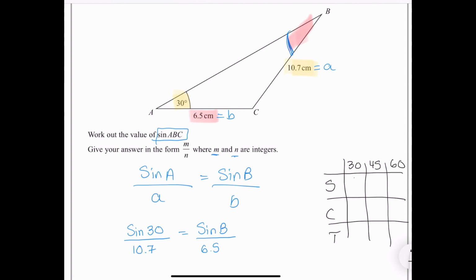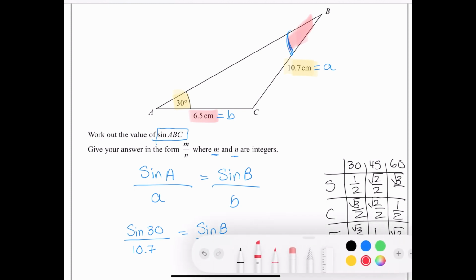If you can remember this, it goes 1, 2, 3, 3, 2, 1. Everything's over 2, and square root where there is no 1. So those are your sine and cos. If you want to finish it off, tan is square root of 3 over 3, 1, square root of 3. If you can memorize that, that's really helpful.